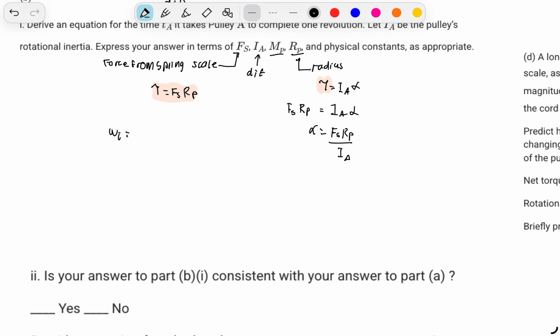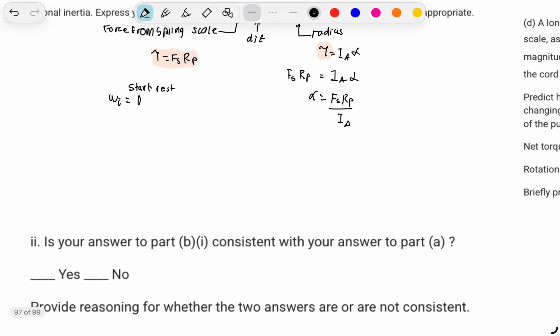We also know that we are going to start from rest. So your initial angular velocity is equal to 0, because you started from rest, and then a force was acted on the object that made it move. So it initially didn't have any angular velocity. And we know that your angular displacement for 1 rev, that's equal to 2 pi.